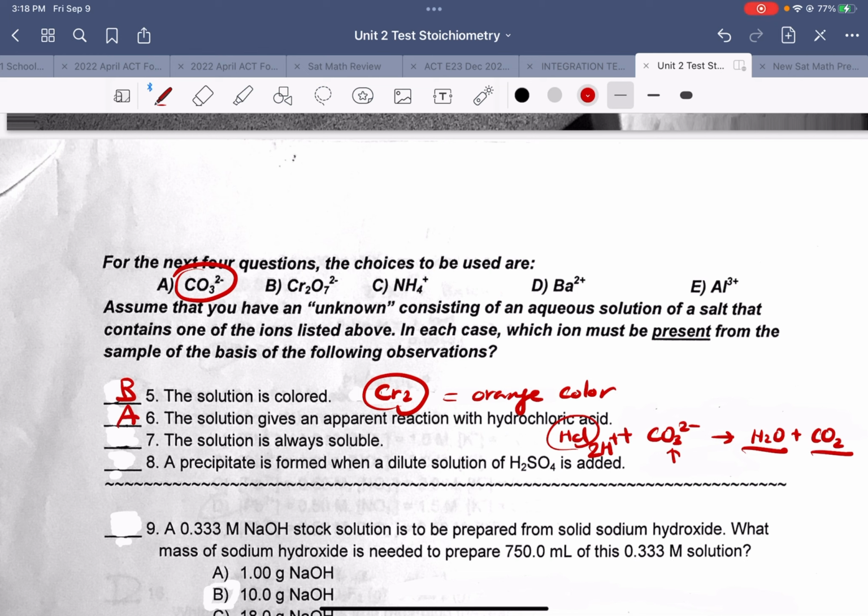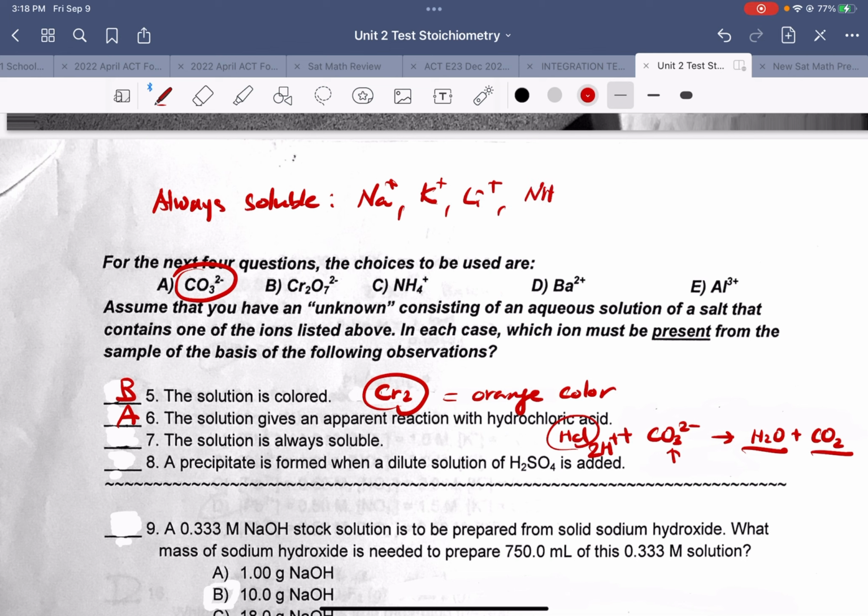Now number 7, the solution is always soluble. I want to know what is always soluble. Always soluble are the sodium ion, potassium ion, and lithium ion. Those are always soluble.